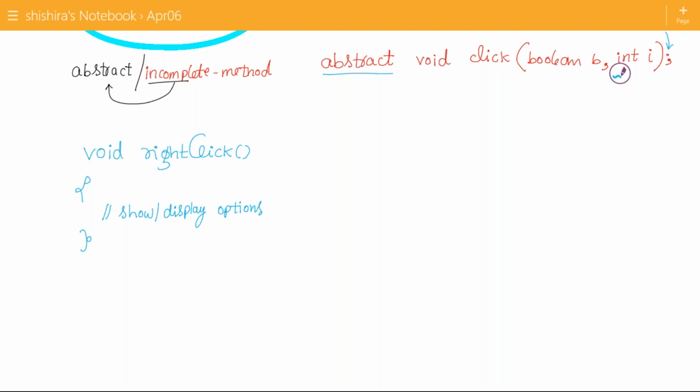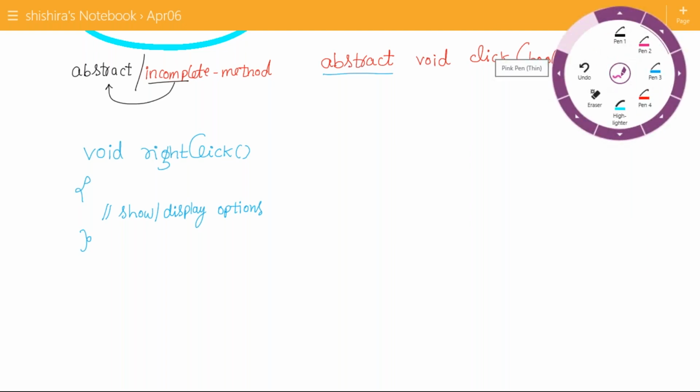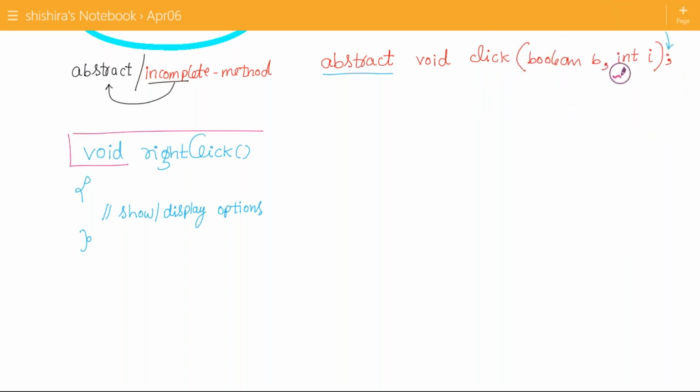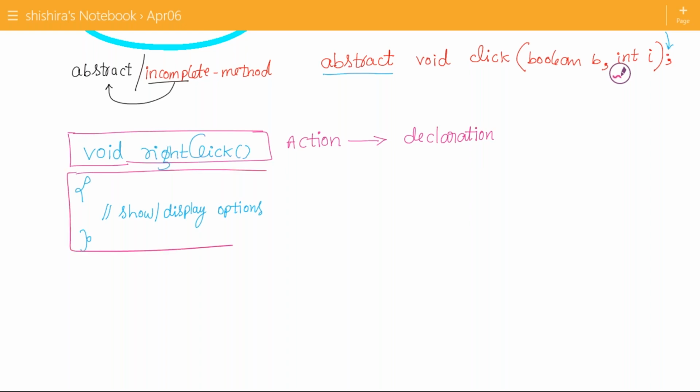It shows or displays all the options. So this is called the action part of it. This action is technically called the method declaration. This one is called the reaction.